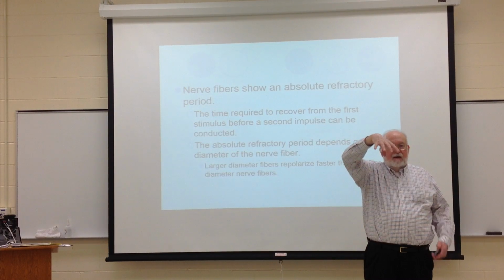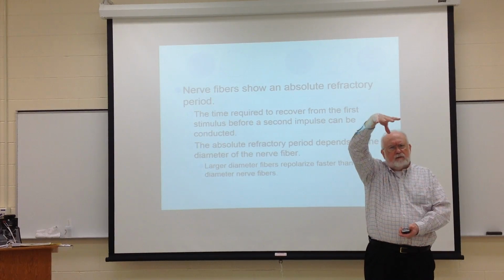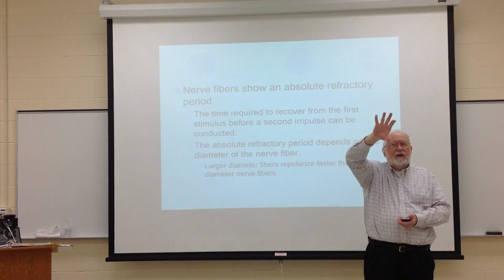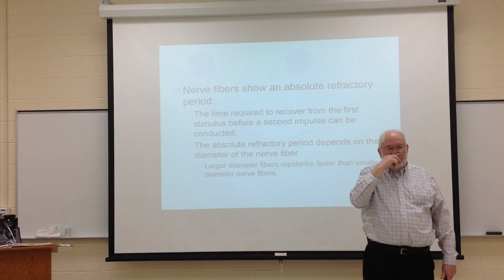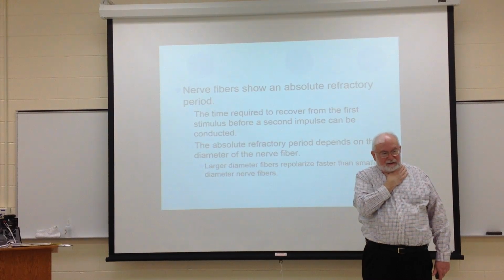All right? Now, if you've got a really large diameter fiber, what about looking at the sodium concentration in cross-section there? Where's more of the sodium going to be found? Near the surface of the membrane, down the middle of the cell? Closer to the surface, isn't it?